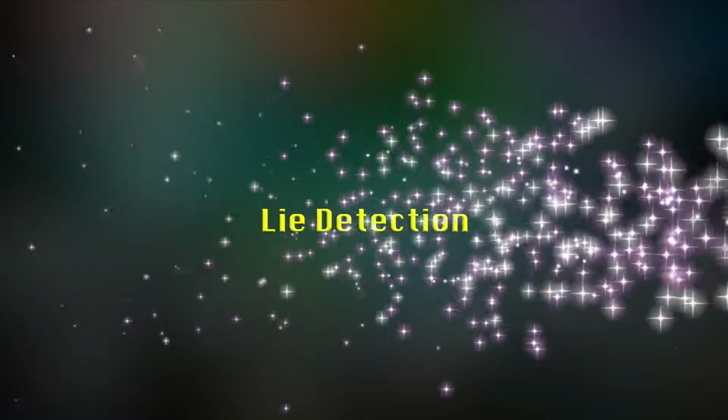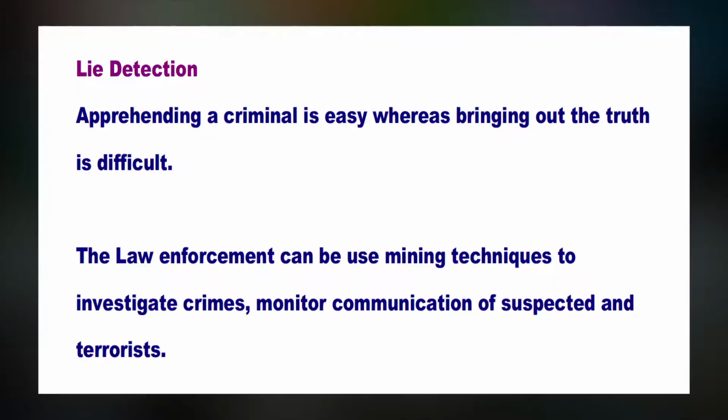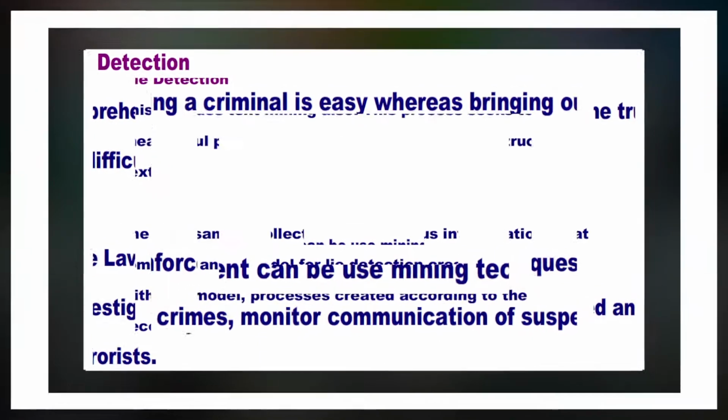Now, we will move on to lie detection. Apprehending a criminal is easy, whereas bringing out the truth is difficult. Here comes into play the lie detection system using data mining. The law enforcement can be very timid if they do not make use of the apt technology. Here they make use of mining technologies to investigate crimes and monitor communication of suspects and terrorists.